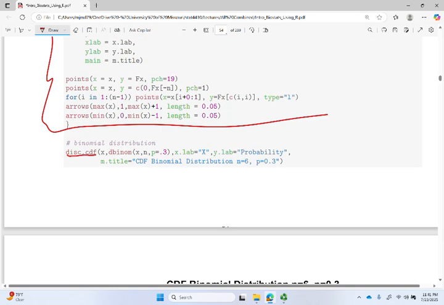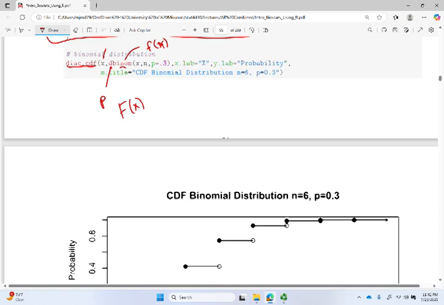So discrete CDF, you put in the values it can take, and then these are the density values of the binomial, the individual probabilities. So that's like little f of x. That's what this function represents. Where if that d were a p, then this function would represent capital F. So you put in the values, you put in the density values, and then this function will plot the CDF.